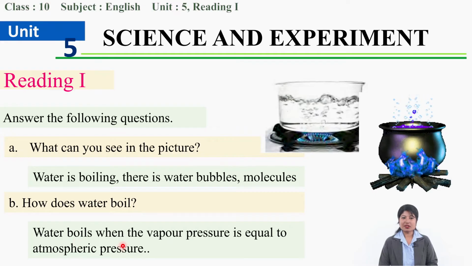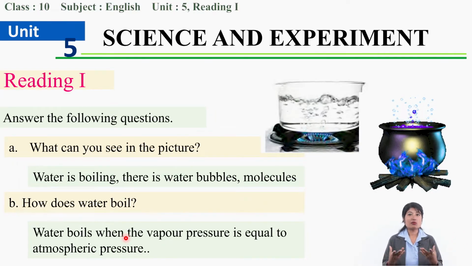Water boils when the vapor, what comes when we boil water? Vapors, right? Vapors come from there is equal to atmospheric pressure. Okay, water boils when vapor pressure and atmospheric pressure is equal.